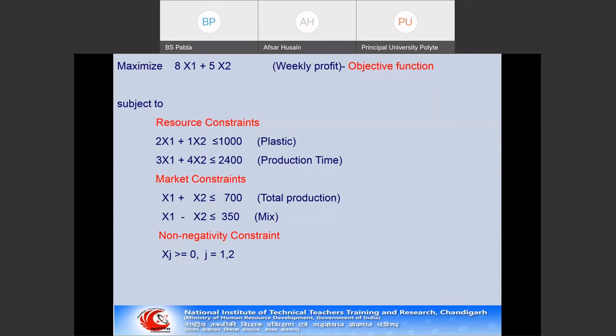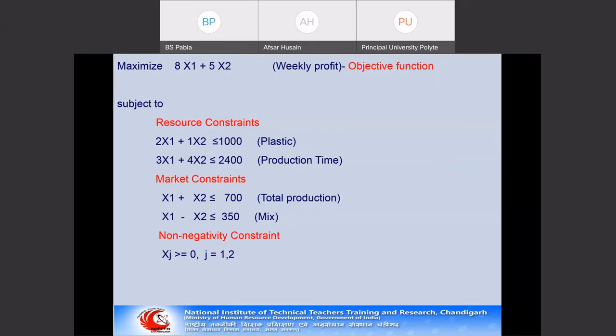Similarly, production time. 1 dozen of A item takes 3 minutes, so 3 into x1, plus 1 dozen of x2 takes 4 minutes on the machine or the labor. That means 3x1 plus 4x2 is equal to or less than 2400. That is the limit on my production time. That means I do not have more than 2400 minutes available.